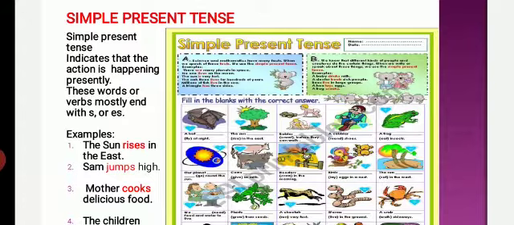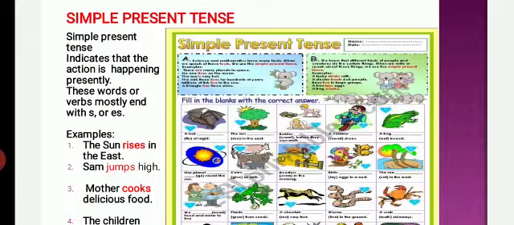The first tense that we are going to learn, dear children, is the simple present tense. Simple present tense indicates that the action is happening presently. The words or verbs mostly that we use end with the letters S or ES.